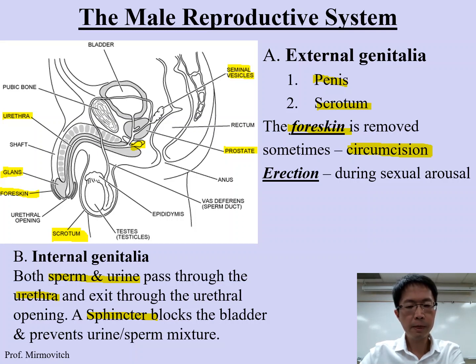Theoretically, but some of my friends told me that while they're erect, they can still pee. So don't worry, theoretically the sphincter separates the urine and sperm. You cannot do both at the same time.